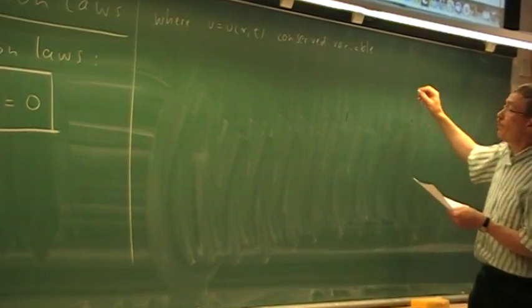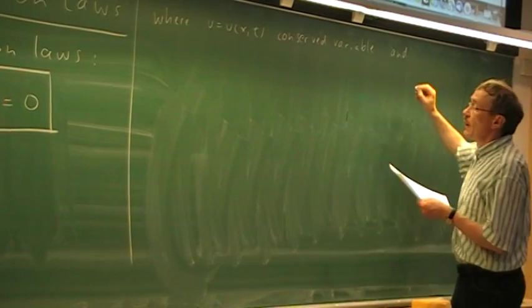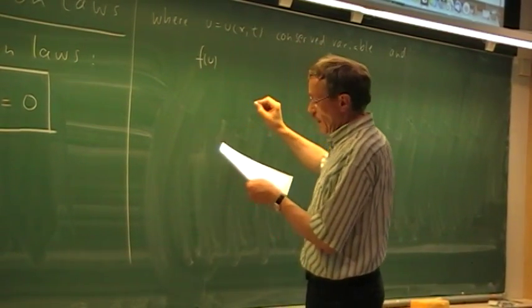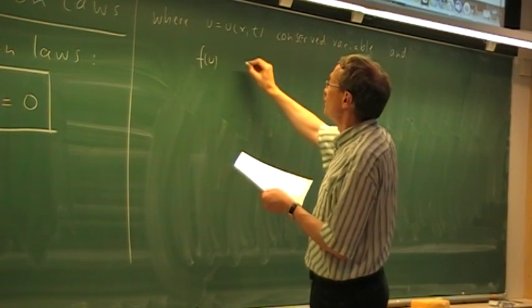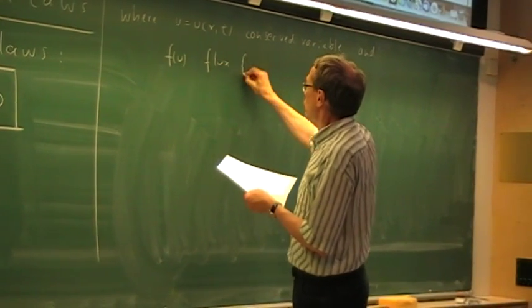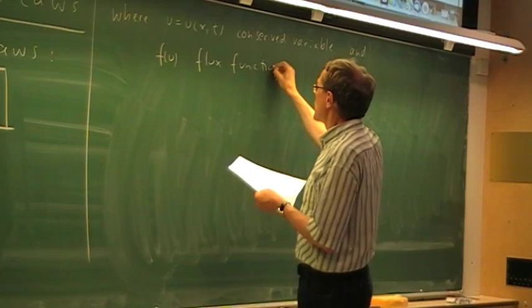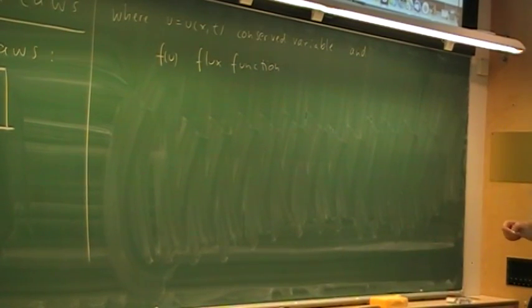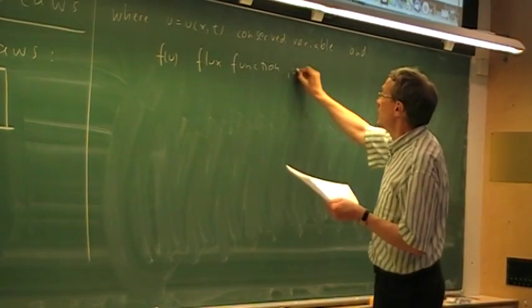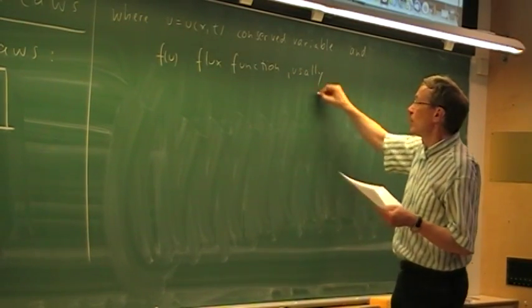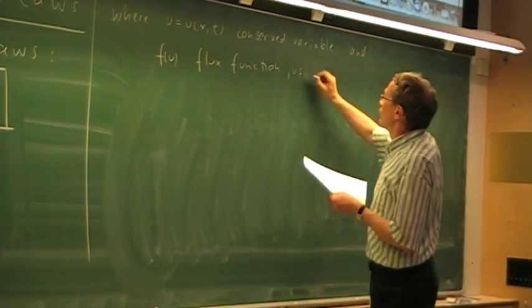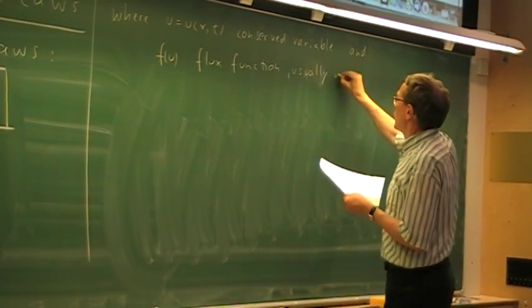And the f of u that is appearing there is the flux function. And that, in our case, makes it interesting, usually non-linear. It can be linear, but if it's linear, then we fall back to the linear advection equation. Usually non-linear.